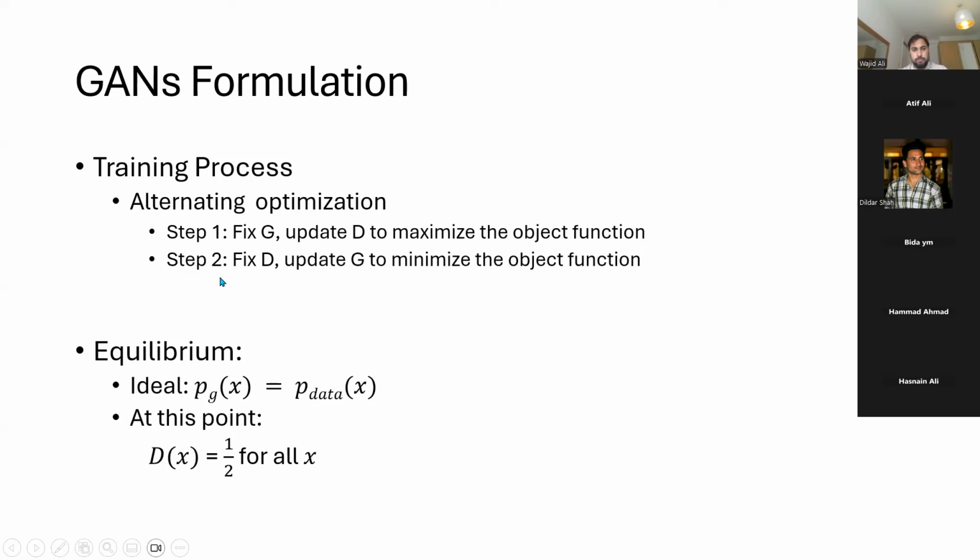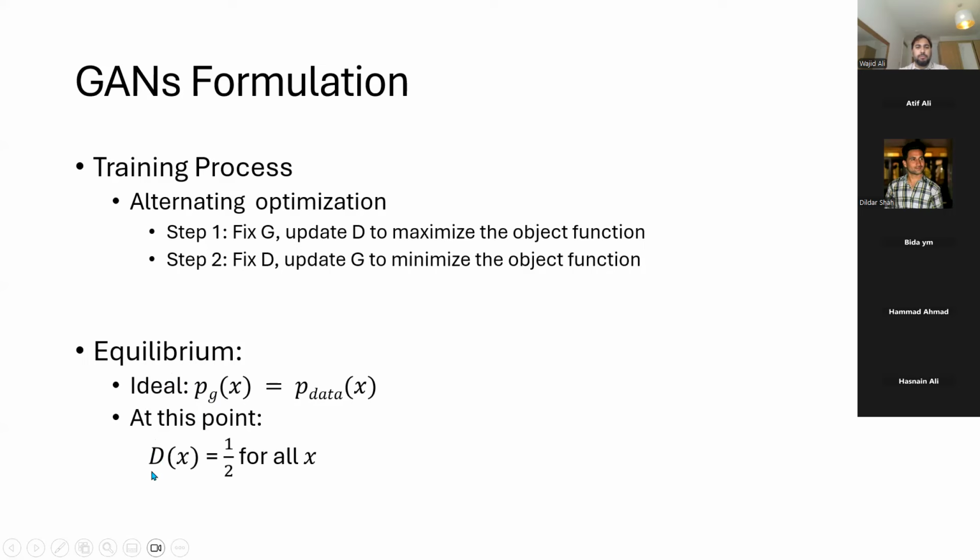At the equilibrium stage, the ideal is when the probability distribution of generated data is equal to the probability distribution of the real data.